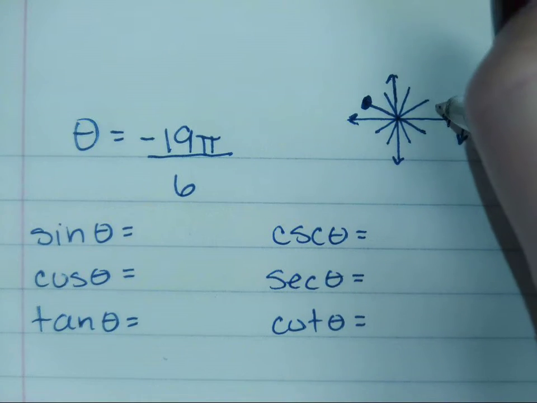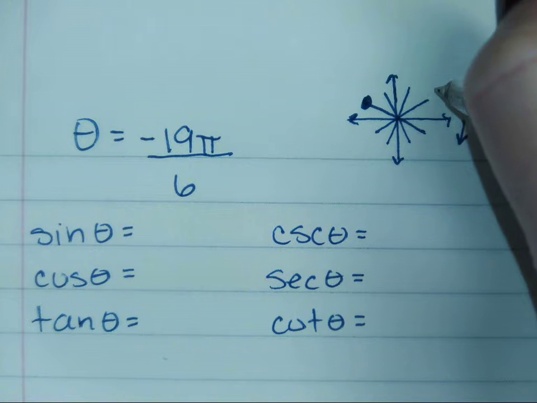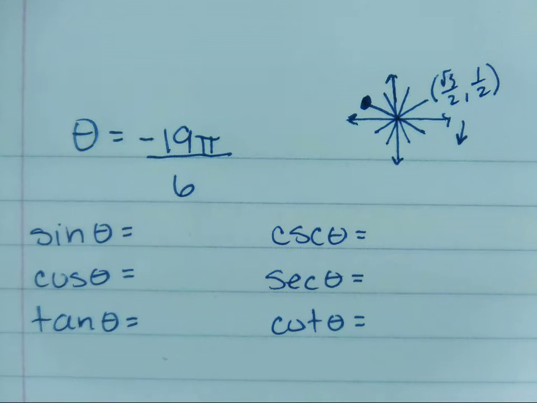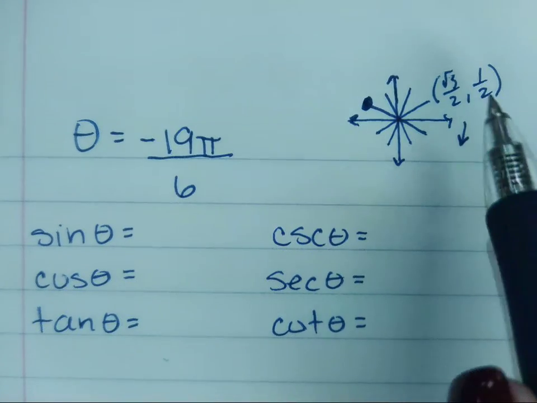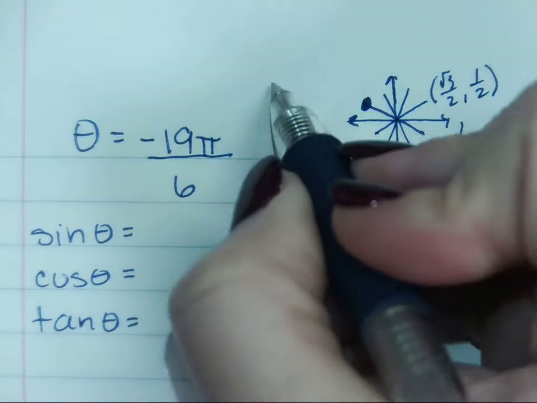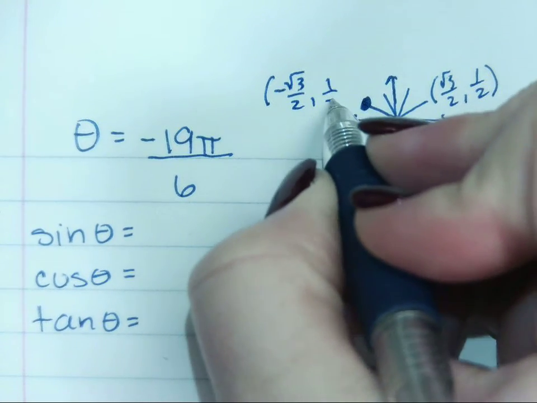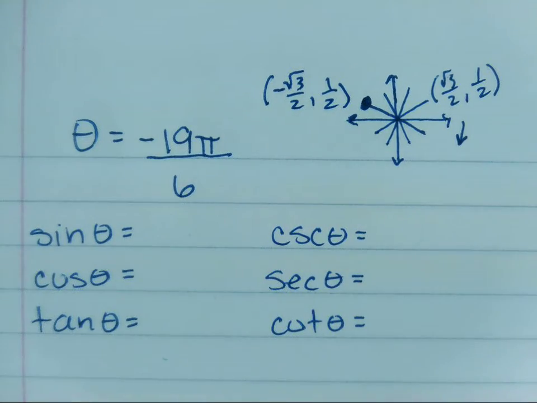This bottom coordinate right here has √3/2 and 1/2 as its coordinate, because if you use that formula of √1, √2, √3, that's the bottom line, and then it starts the pattern back up again. I always think about that in my head, that it always goes down and then back up. So if this is the coordinate here, then over here it's just going to be a negative √3/2 and 1/2 for that terminal coordinate.